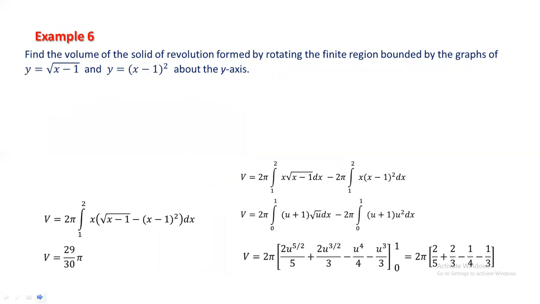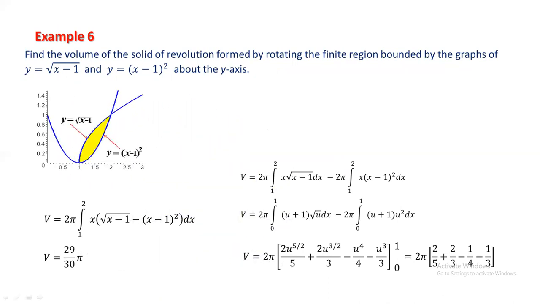It's 7. So find the volume of the solid of revolution formed by rotating the finite region bounded by the graphs. So these are your graphs about the y-axis. So this time, you will rotate it on the y-axis. In the previous example chosen, it's rotated here on the x-axis.